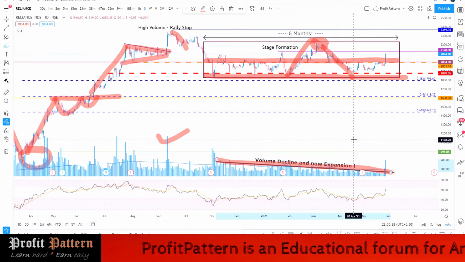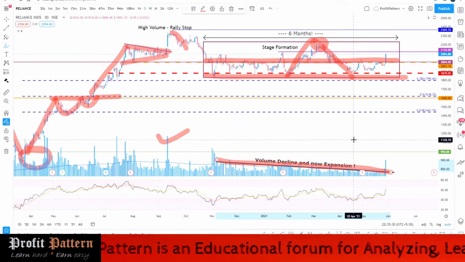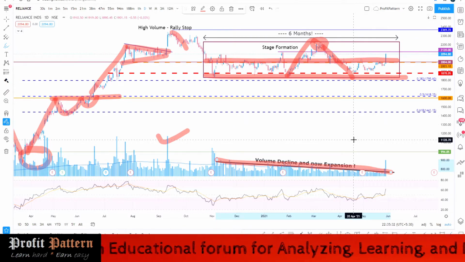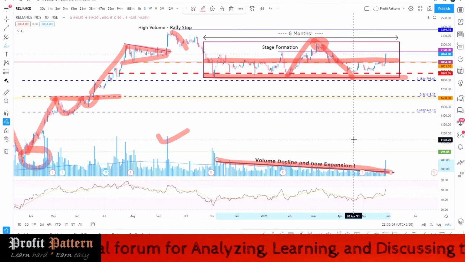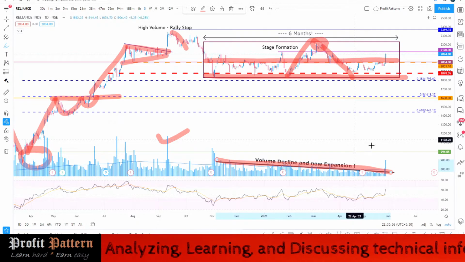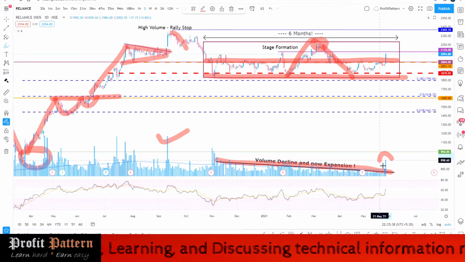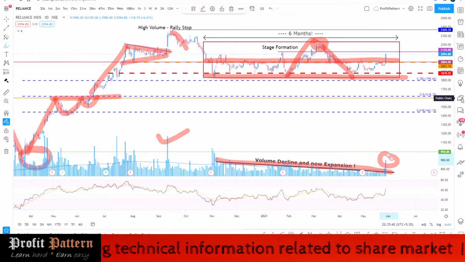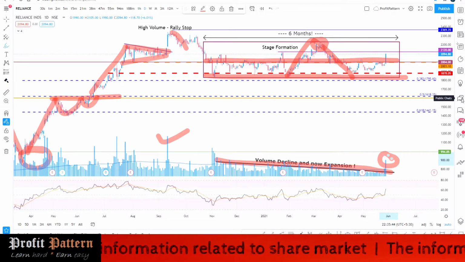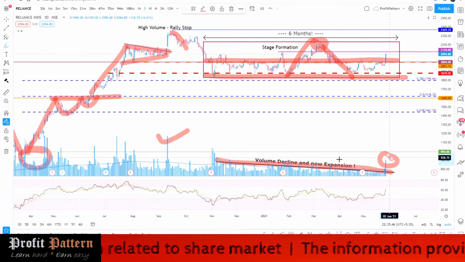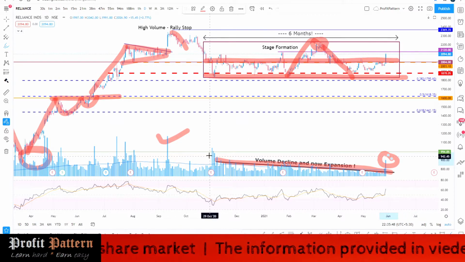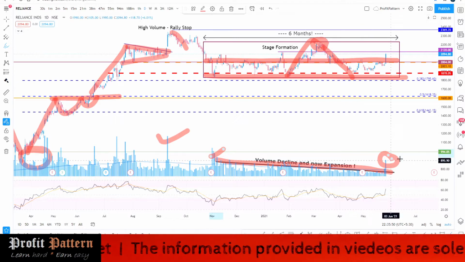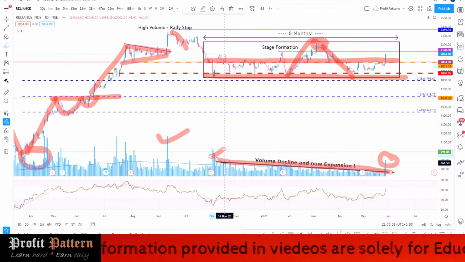So you can see not a single volume surge in the last 6 months. Yes, then on Friday we can see a very good volume has appeared, and this much volume we have seen in the past in the month of November. So after November, we had not seen this much volume.